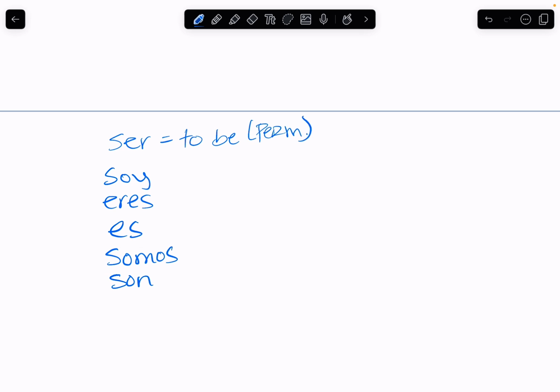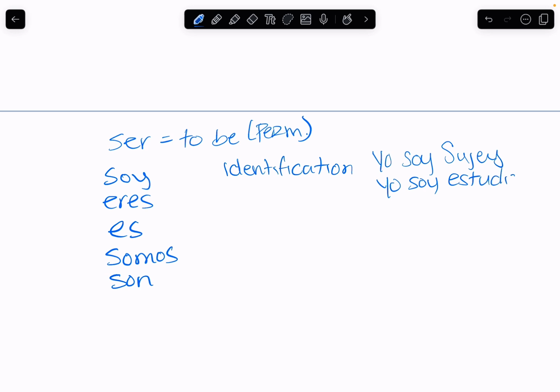So you can have identification. For example, saying, yo soy sujei. Or yo soy estudiante. So these are things that aren't going to change. I'm always going to be sujei unless something happens. And I'm always going to be a student until I'm not. Most of the time we spent being students, right?